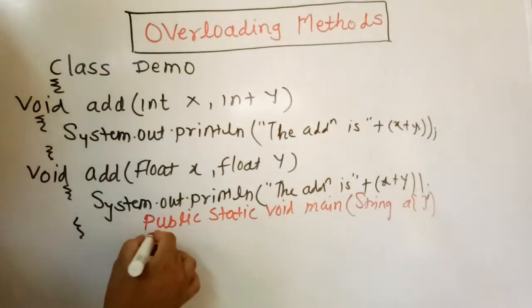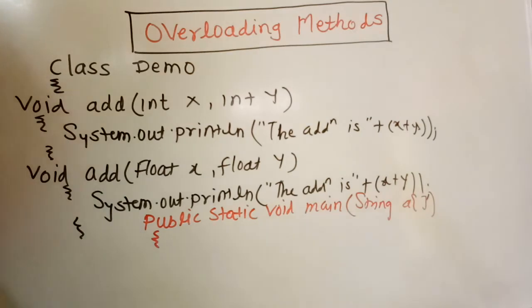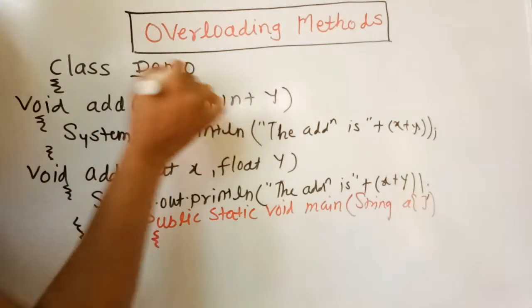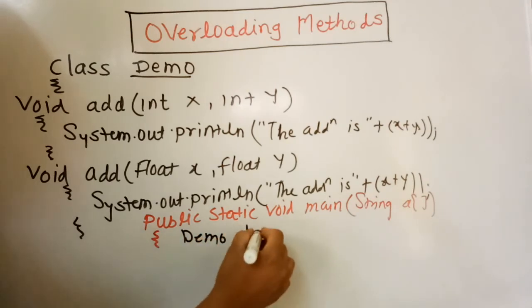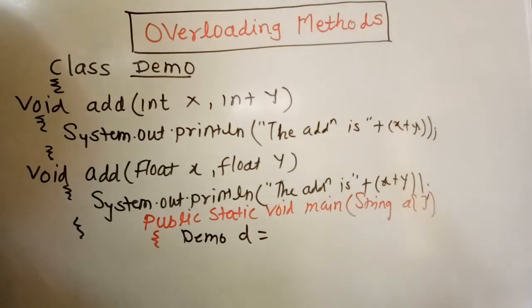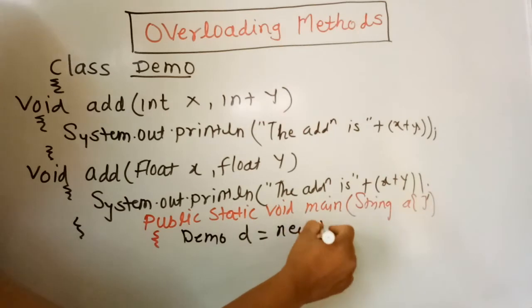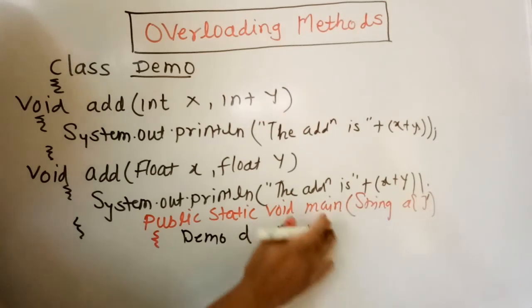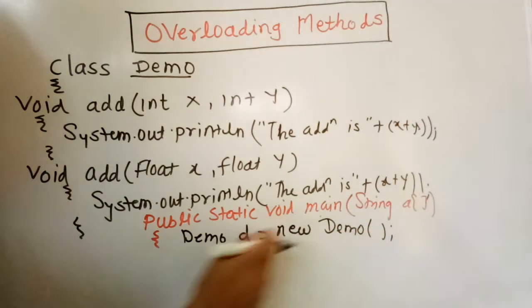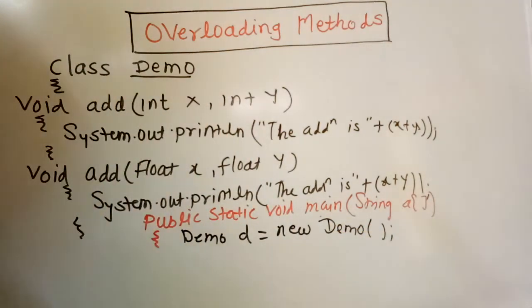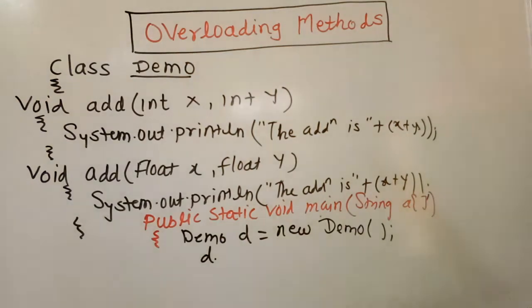Now, you all know that for accessing the class, you have to create an object of that class. For that, I am creating the object like Demo d equals new Demo. You have to maintain the name as the class name. Then I will directly call the functions on the object, that is d dot.